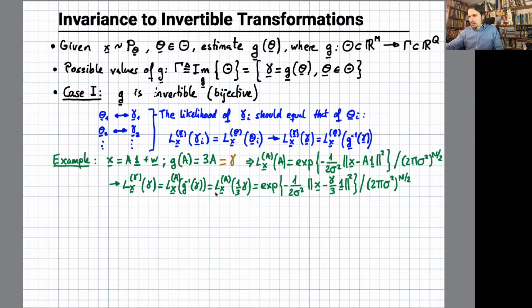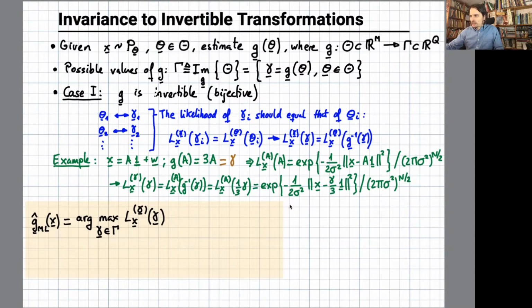And g inverse of gamma is obviously 1/3 of gamma, which means that we just need to evaluate the likelihood of A when A equals 1/3 of gamma, right? And therefore we find this expression.